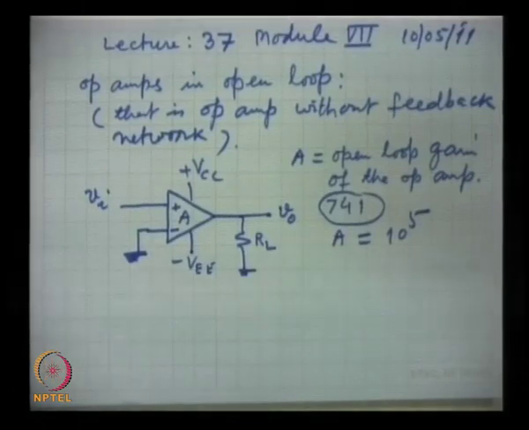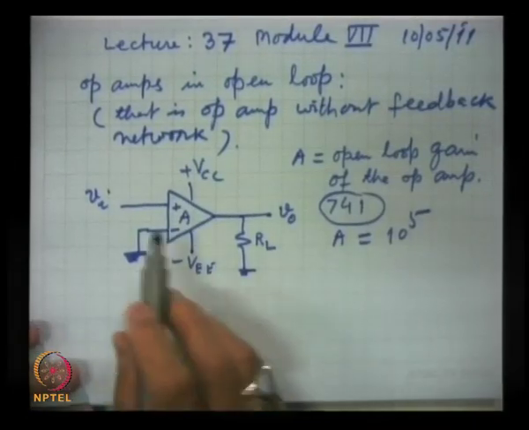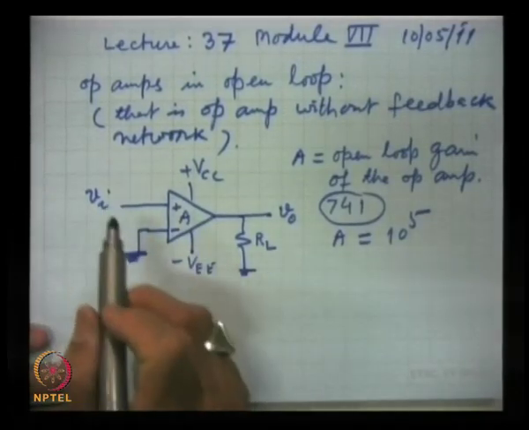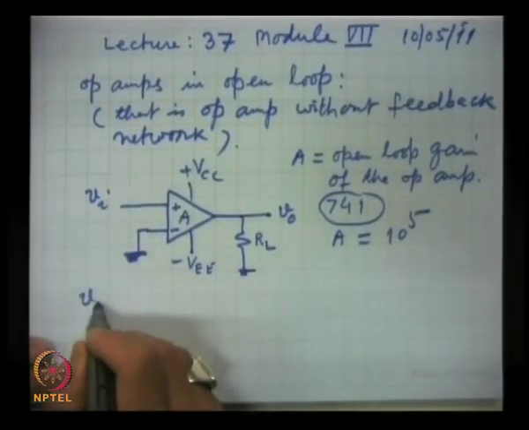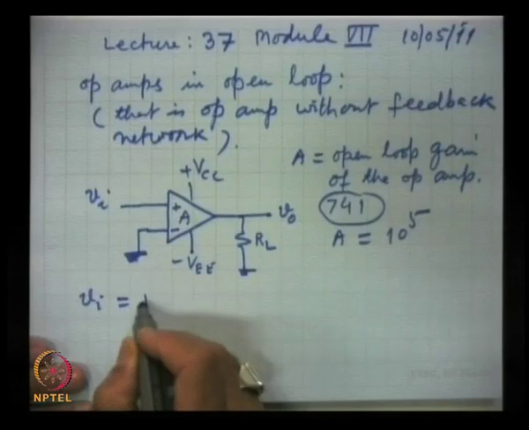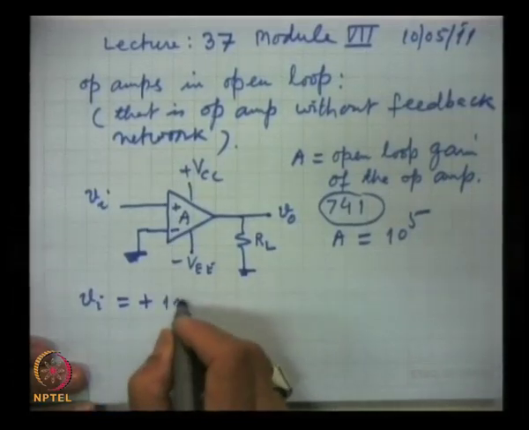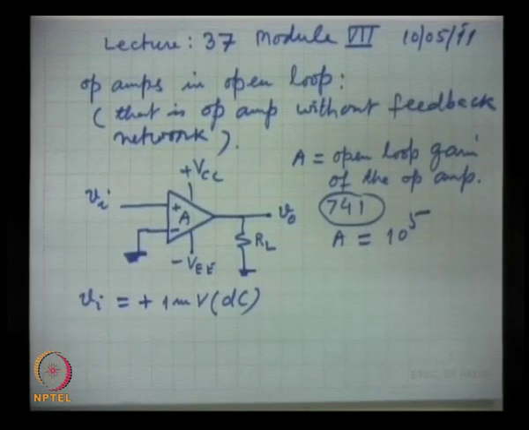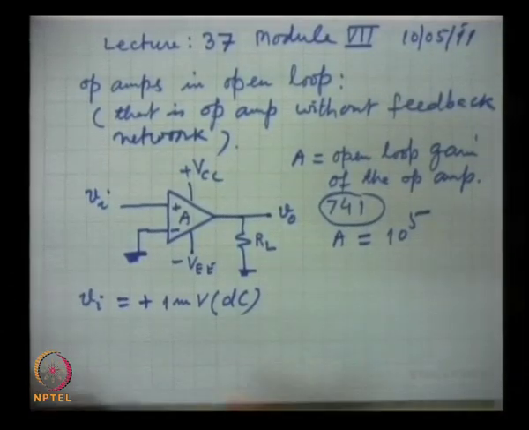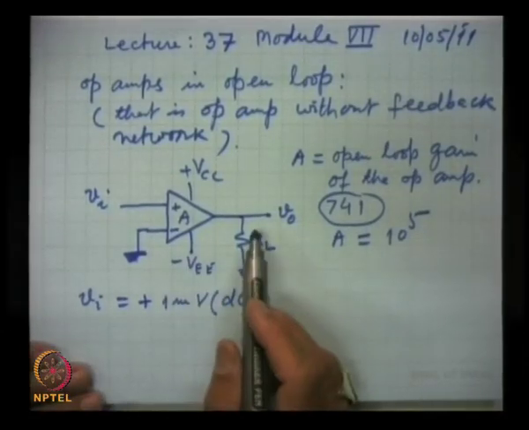Now, let us see what will happen if we apply, for example, a positive signal Vi is plus 1 millivolt. Let us say this is DC. Now, mathematically what will be the output?